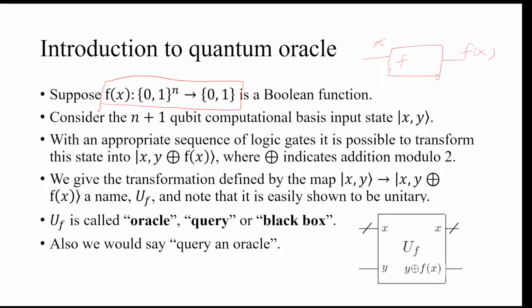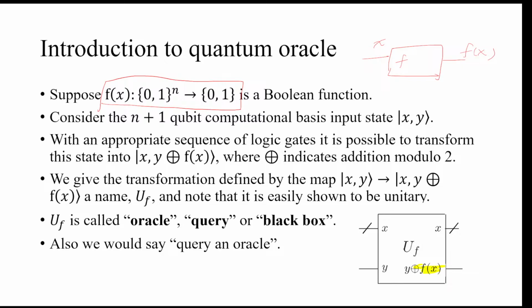Quantum oracle is trying to do this with a quantum gate, and to do this you actually need two registers: a control register and a target register. There is an input register where you take x and it stays as x, and an output register where you write f of x as the output.